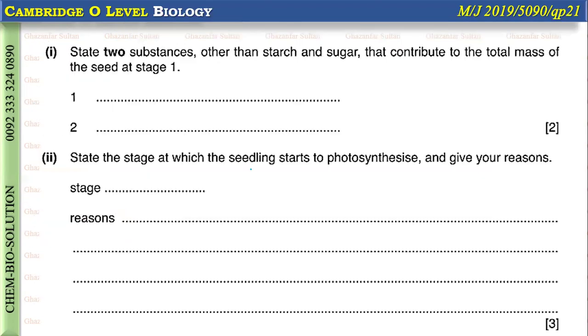Now, what are the questions? Name two substances other than starch and sugar that contribute to the total mass of the seed at stage 1. So what could those substances be? Those substances could be water. It could be protein or amino acids.